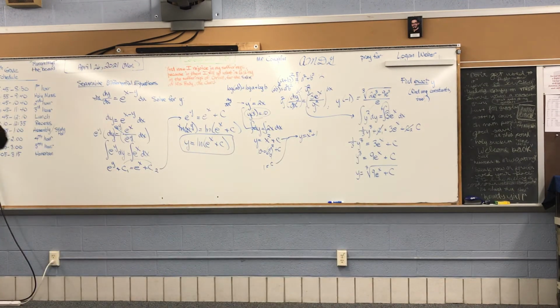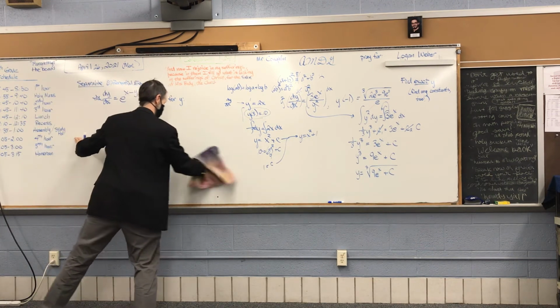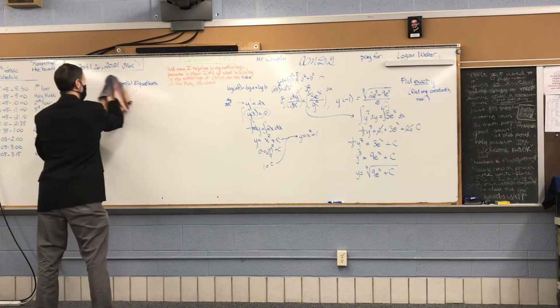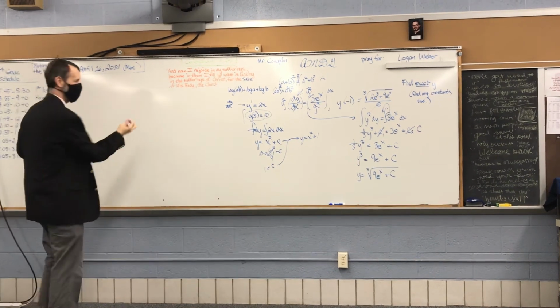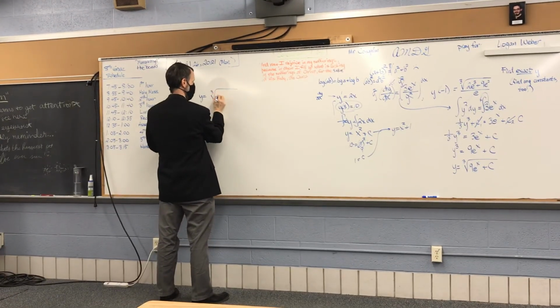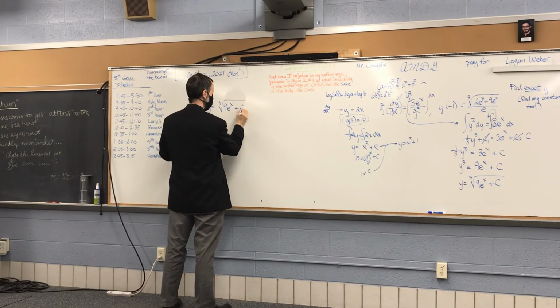And let's see if we can actually get an answer here. This is going to be a little intense, but that's life. Builds character. So we've got y equals the cube root of 9e to the x plus c.